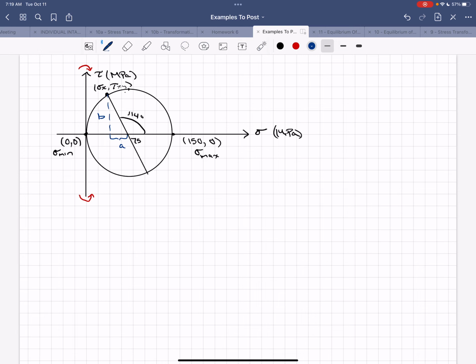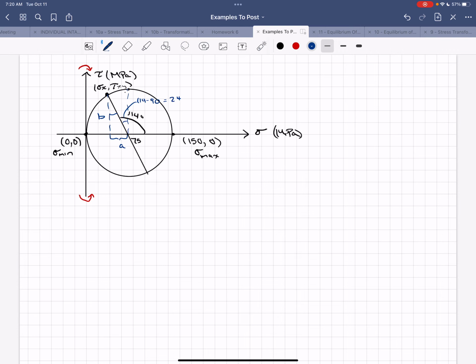So if this angle equals 114 degrees, then we would take this angle as 114 minus 90, which equals 24.